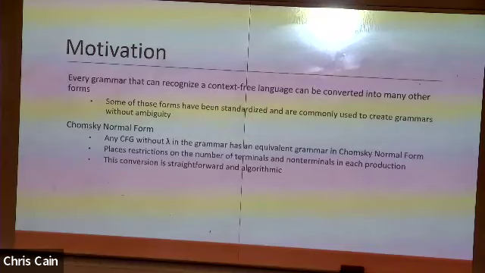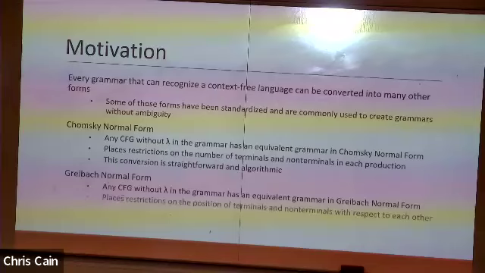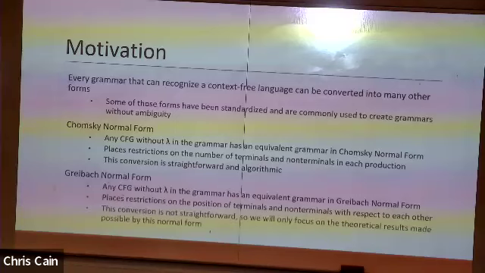There's one other form that is important for one kind of result that we will talk about, and that is Greibach normal form. Just like Chomsky normal form, there is an algorithm to convert into Greibach normal form, and again, it places some restrictions on where terminals and non-terminals can appear in a production relative to each other.